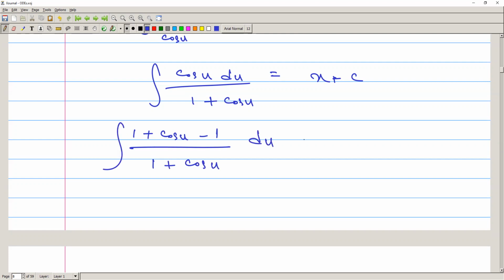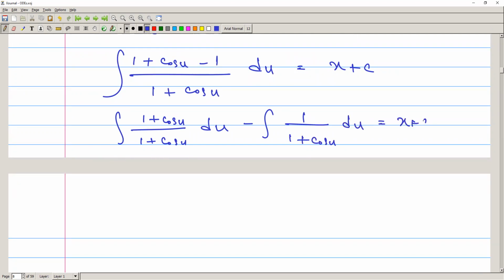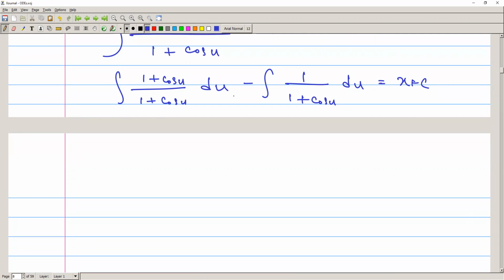All right, this is some integration. You can just practice the problems of integrals to make yourself stronger in the integrals. So it is the integral of 1 du, minus the integral of 1 over (1 plus cosine u), equal to x plus c.